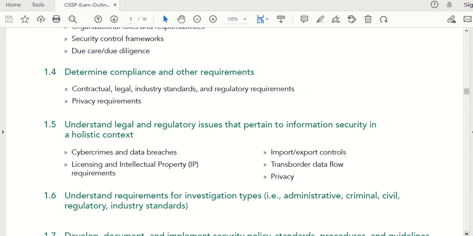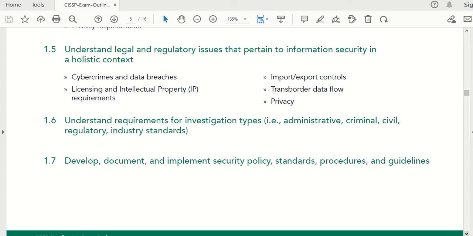All those kinds of controls will come here. Understand requirements for investigation types, such as administrative, criminal, civil, regulatory, and industry standards. What the different investigations are and what the differences between these requirements are, we will discuss in this domain.